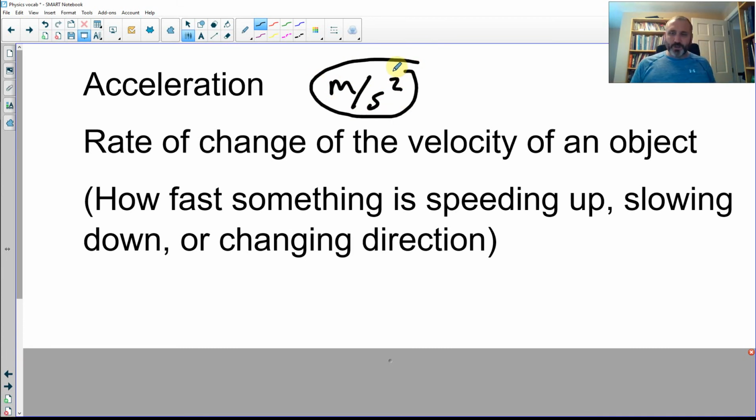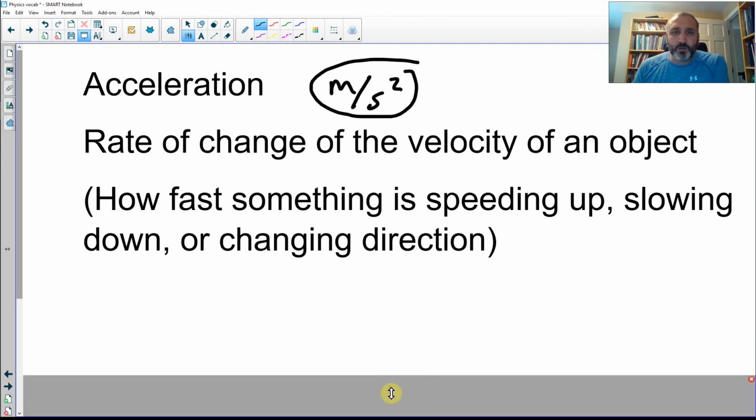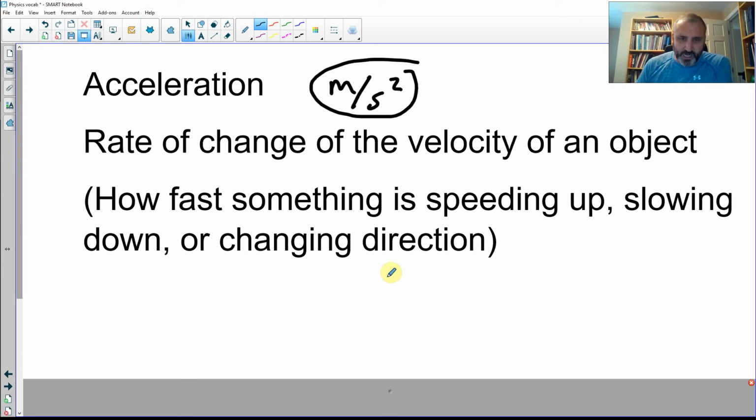But there's another way that we can change our velocity. We can speed up, we can slow down, but we can also accelerate and change our velocity by changing our direction. So if you start by going north, and then as time goes by, you start going towards the east. You were going this way, and now you're going that way.